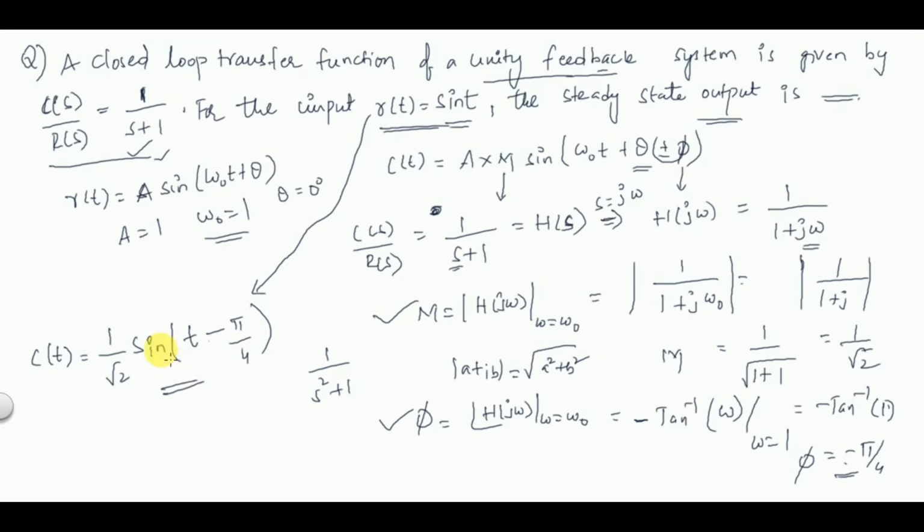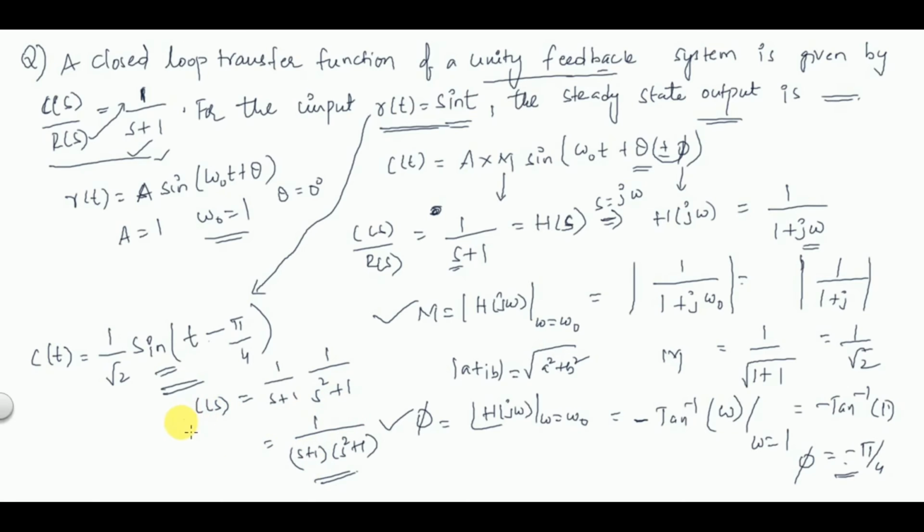Then C of s is equal to R of s multiplied by 1 by s plus 1, so it becomes 1 by (s plus 1) into (s square plus 1). Now again we have to find the partial fractions, and at last you will get the same answer only. Even if you find it like this, you'll get the same answer. You can try it on your own.